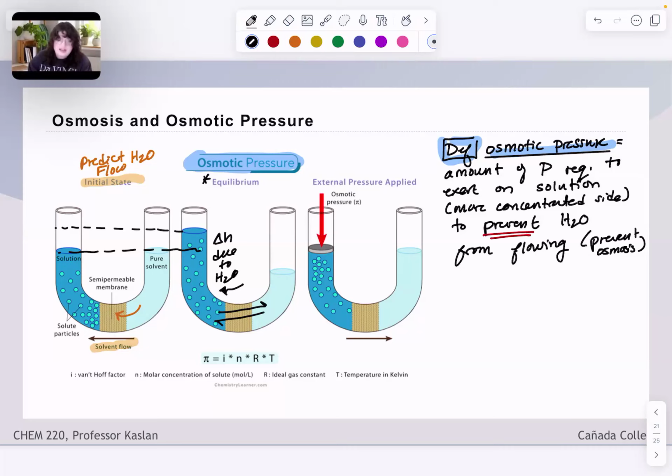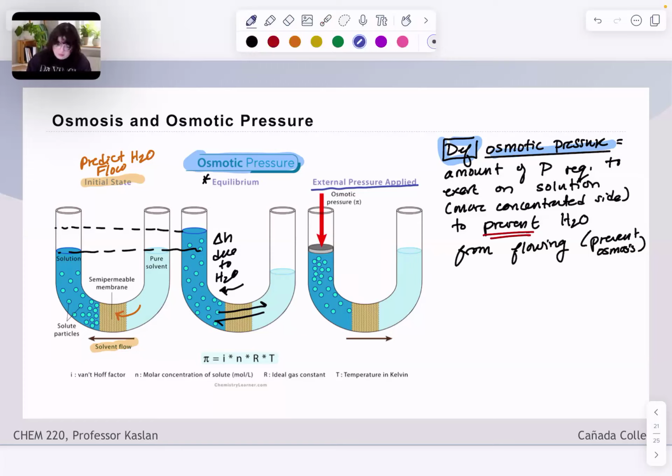So, difference in height. Now, osmotic pressure is the pressure that we apply such that we are saying, hey, water molecules, you may want to pass through this membrane and flow toward the more concentrated solution side. However, I'm going to be exerting a force across the area that is this little disc in the U tube here that is going to prevent you, according to fluid dynamics pressure, from even doing so.